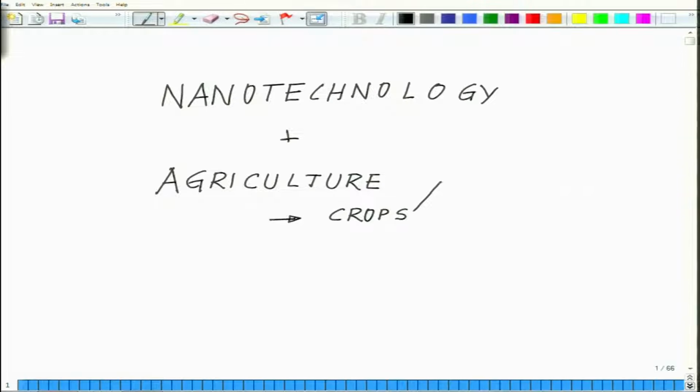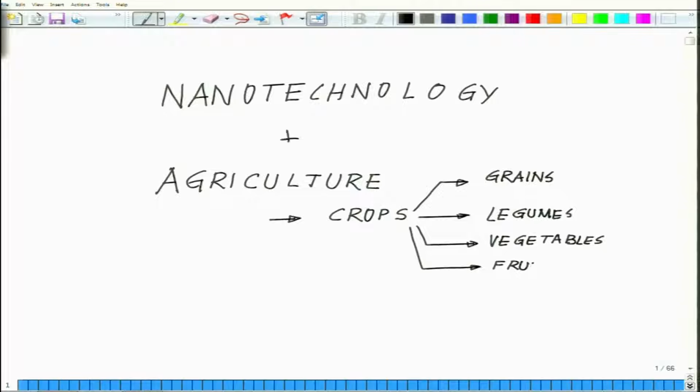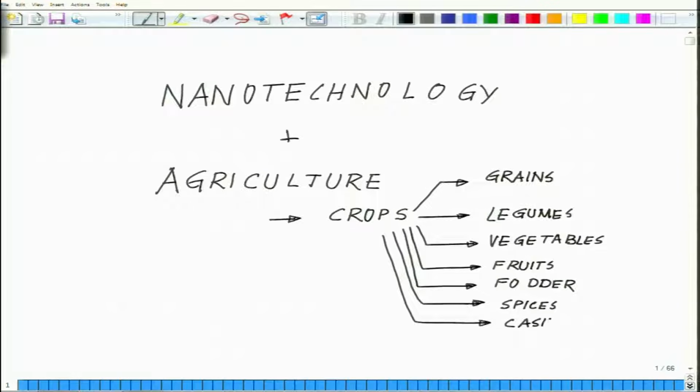Within the crop, you have multiple kinds of crops, which includes grains, legumes or pulses, vegetables, and they have different names, like, then you have fruit, then you have fodder, spices, a series of cash crops, and this list can go on.